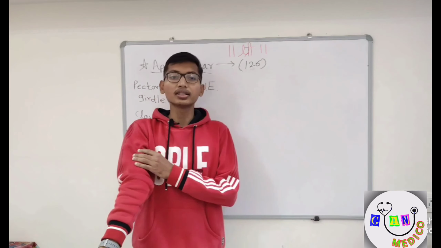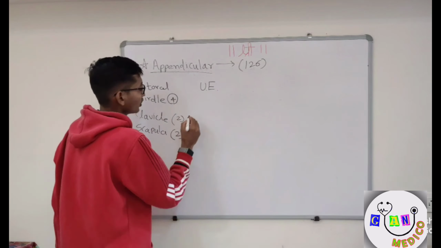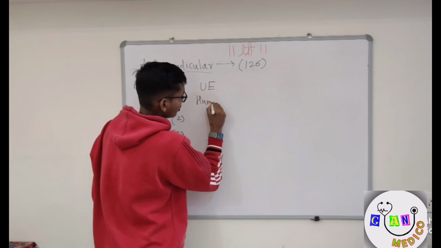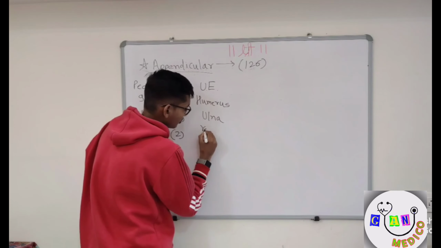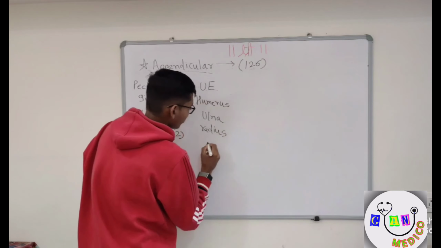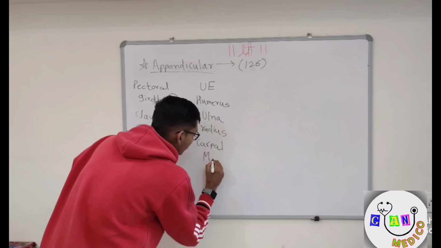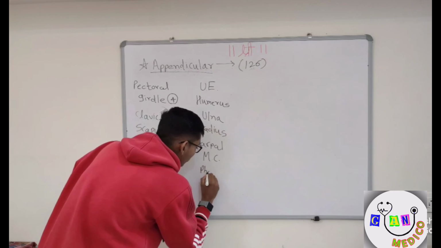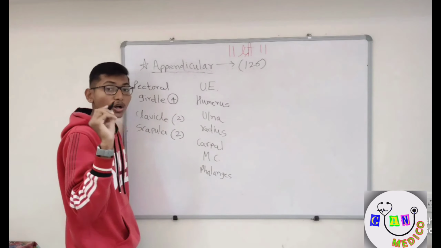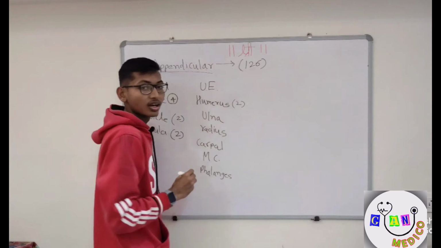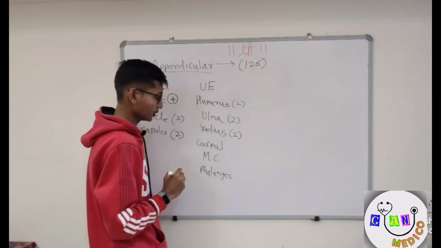Next, upper extremity. Upper extremity contains humerus, radius, ulna, carpal bones, metacarpal bones and phalanges. Humerus are 2 in number. Ulna 2 in number. Radius 2. Carpal bones.